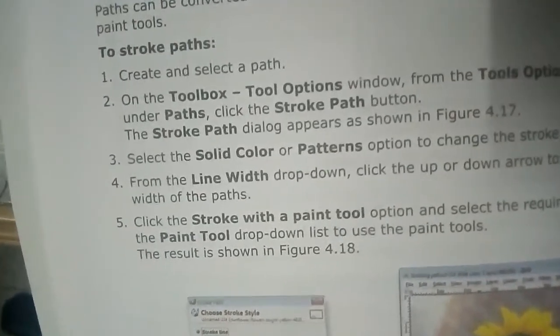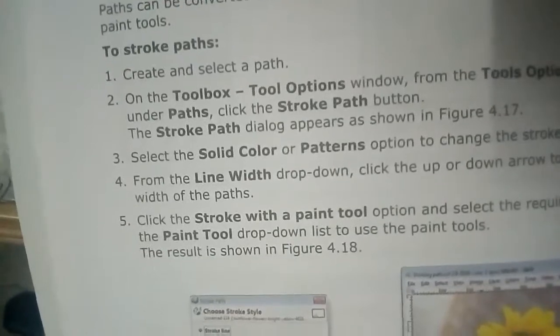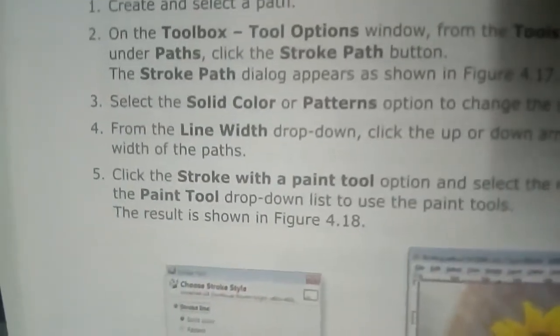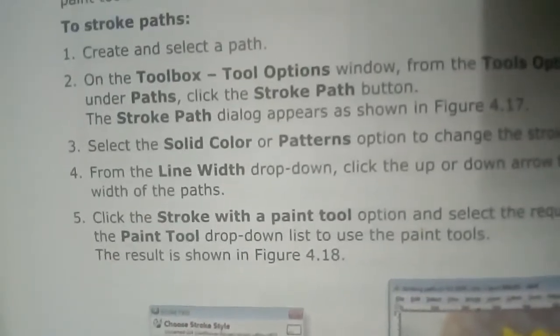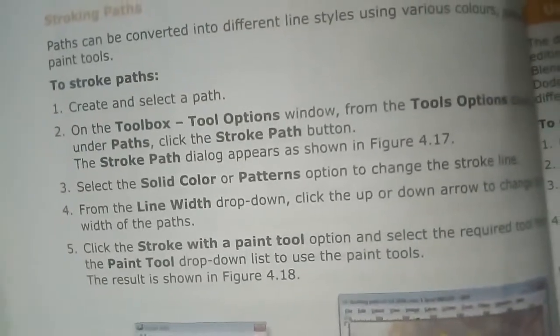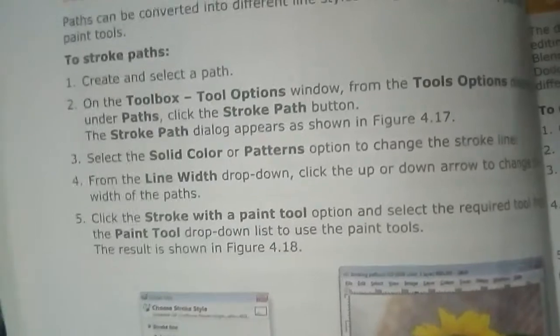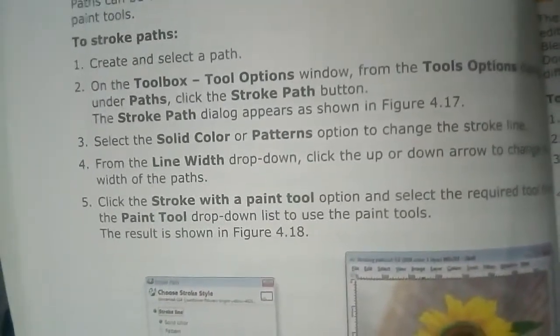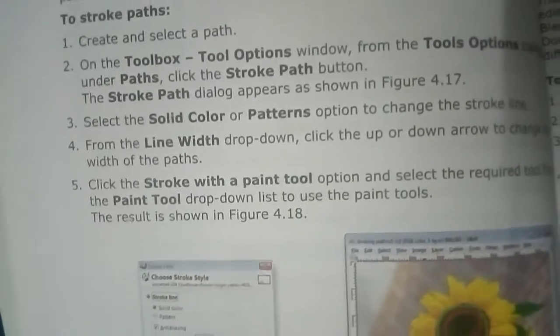Which one you want, you can do. Select the solid color or pattern option to change the stroke line. From the line width drop down, click the up or down arrow to change the width of the line, and click the stroke with a pen tool option.